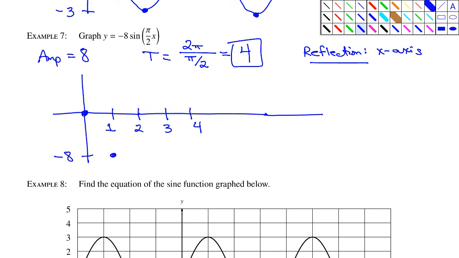Then it comes up to the 0, then to the maximum, and then back down to the 0. 1, 2, 3, 4 more. 5, 6, 7. And repeat. And connect the curve.